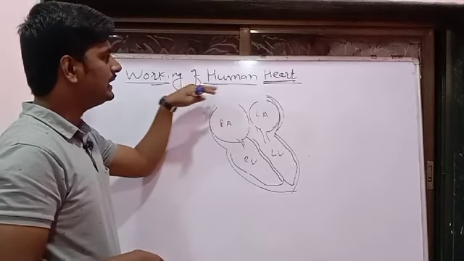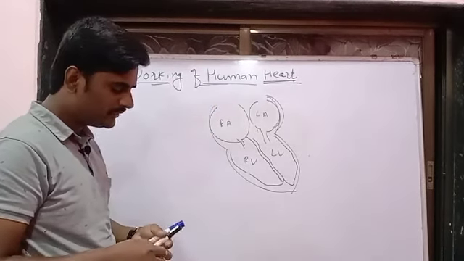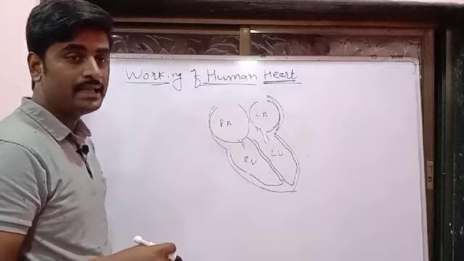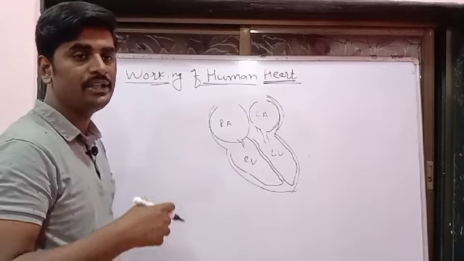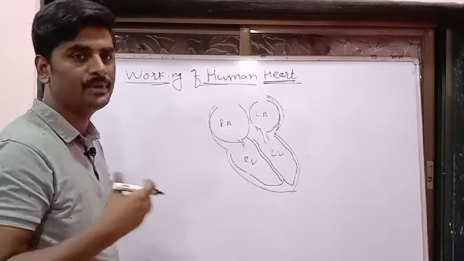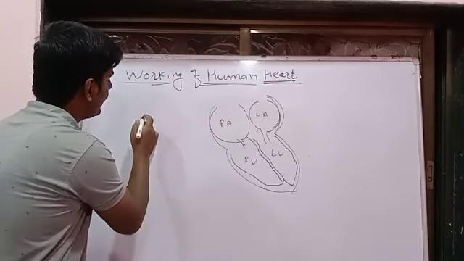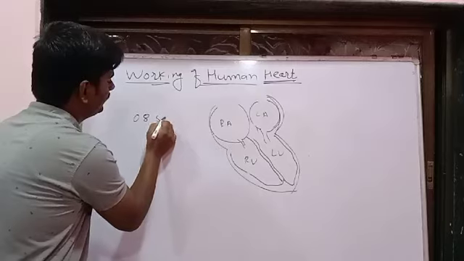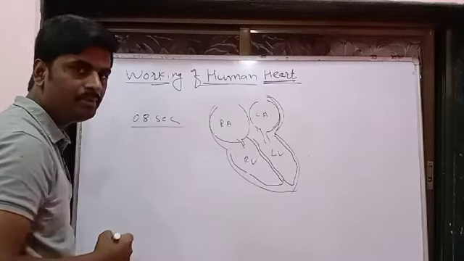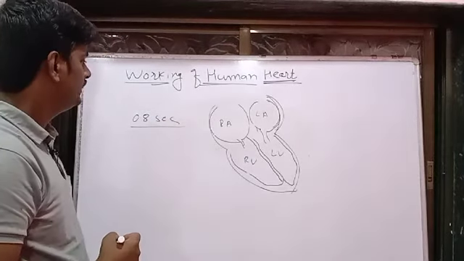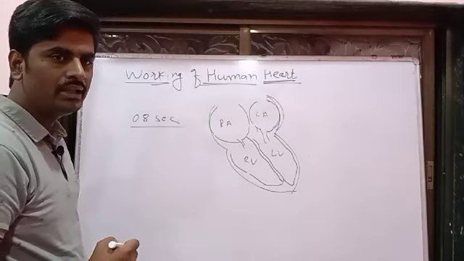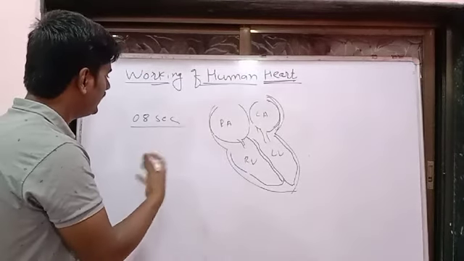So what exactly happens in the working of the heart? It is very interesting. As we see, our heart beats 72 beats per minute, and here one beat requires 0.8 second. So basically we have to study how it takes 0.8 second.